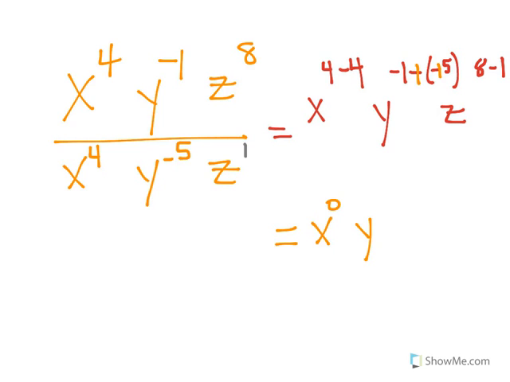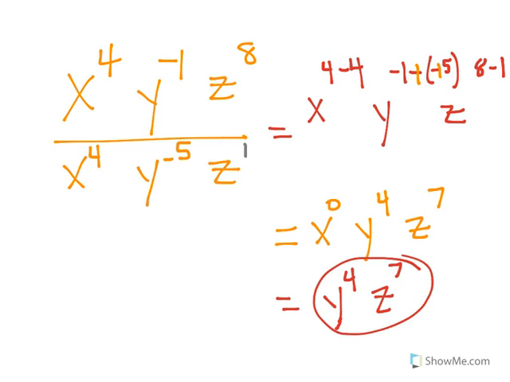So negative 1 plus 5 is 4, and z to the 8 minus 1, or 7. Okay, this still isn't in simplest form because we have the 0 exponent. So we can simplify it one more time, and we get 1 times y to the 4th z to the 7th. This is our simplest answer.